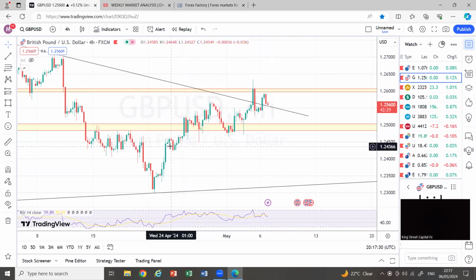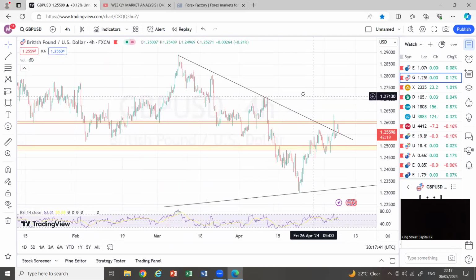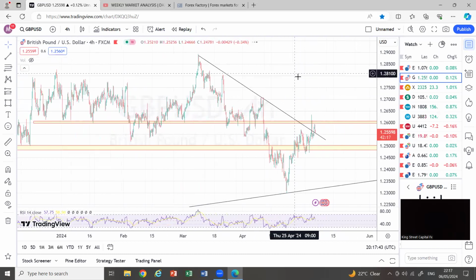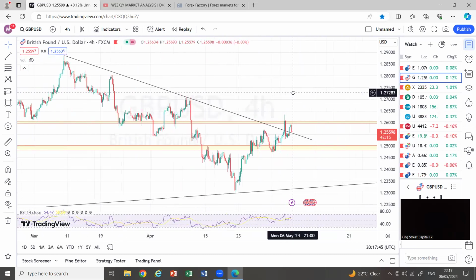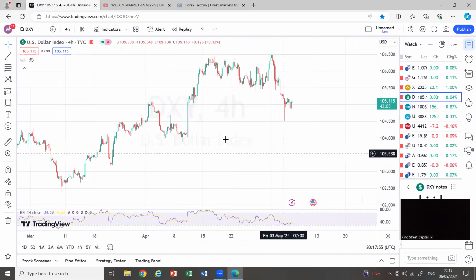But again, my jet fuel gents, these are them. They will not get back into the market at a higher price. So what we are trying to see is if the market will continue lower, GBP, or if USD will continue with a stronger trend. Let's check our dollar index.